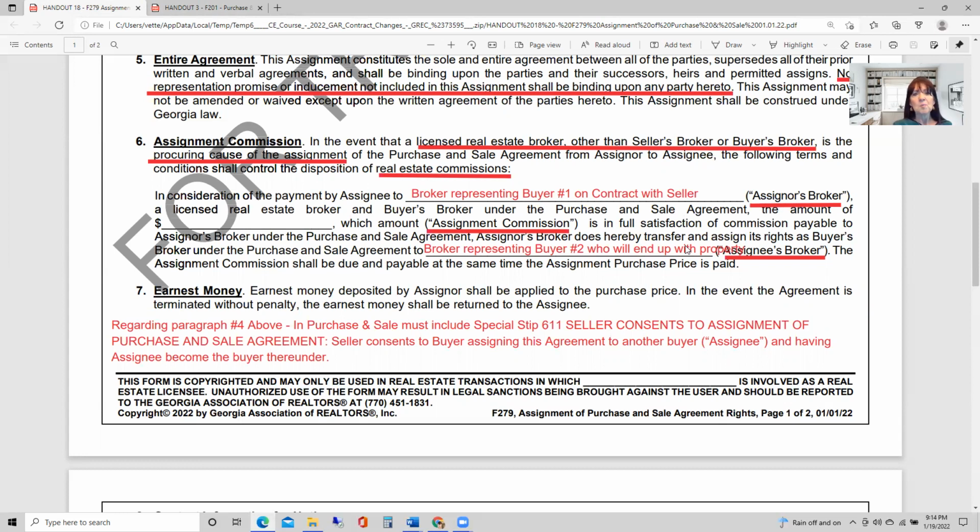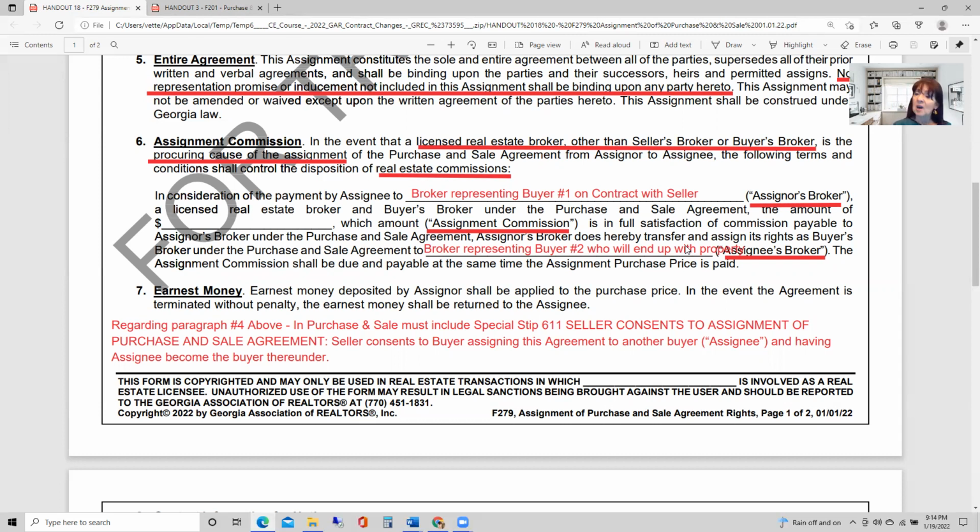Then there is another broker that represents the assignor, investor, buyer A. Now, if that broker finds the end buyer, or buyer B, who's actually going to occupy the home, and there's no other broker involved, then it's pretty clear cut that broker will get paid the buy side commission with respect to the entire purchase and sale agreement.